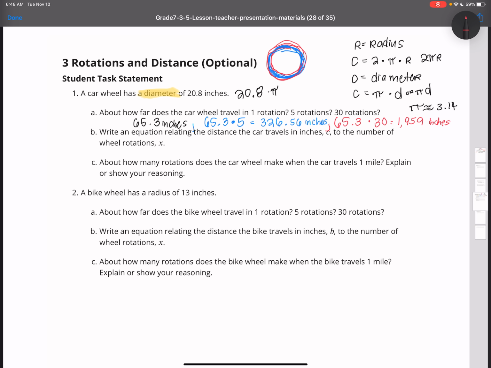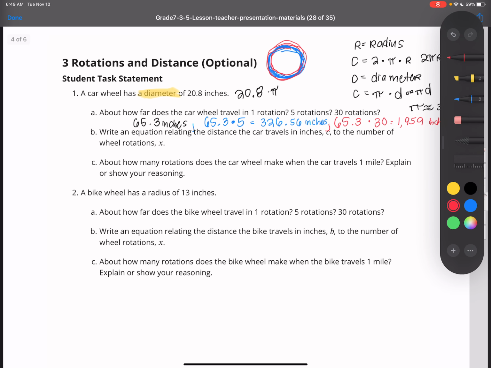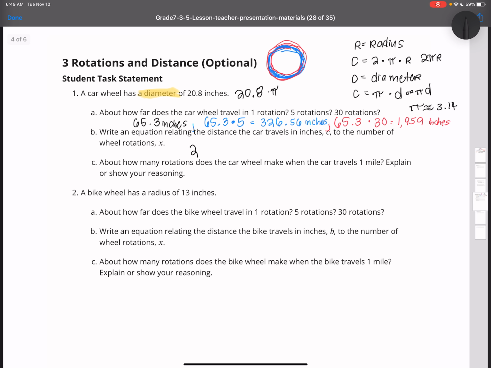The first thing we did was take the diameter and multiply it times pi, correct? Although it gave us the circumference, which was equivalent to the first rotation, what did we do with this value?